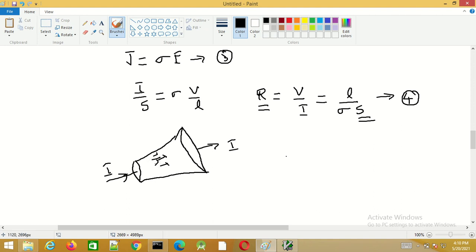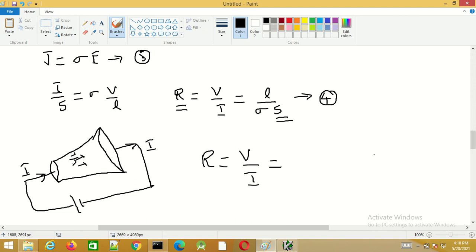So in this particular case, the resistance of the conductor can be obtained as, again, the ratio of voltage to current, that is the potential difference between the ends of the conductor, divided by the current flowing through the conductor.